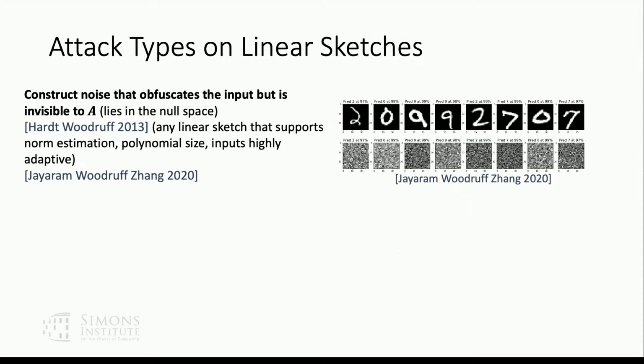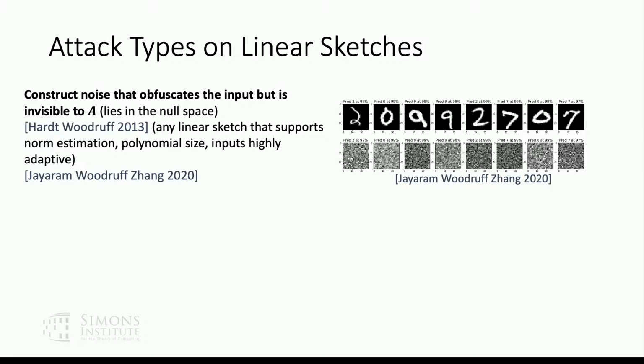In the literature, there are two types of attacks on such linear sketches, or linear maps. Basically you have inputs of size n, and there is some linear map, and you get something of size d.